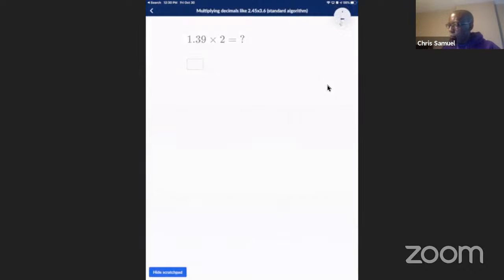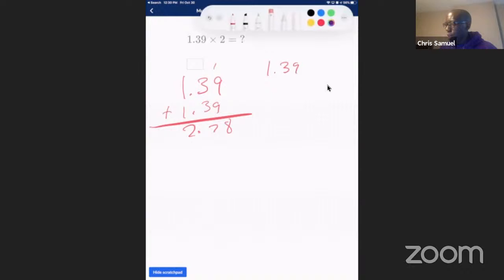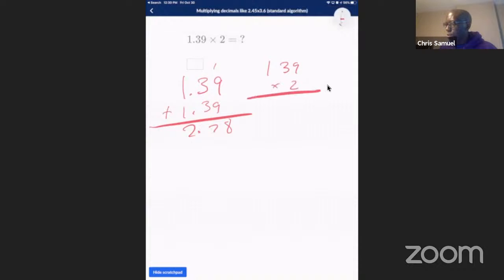Okay, so because it's actually 2, you can just always do this, or we can do this, which will basically be the same thing.